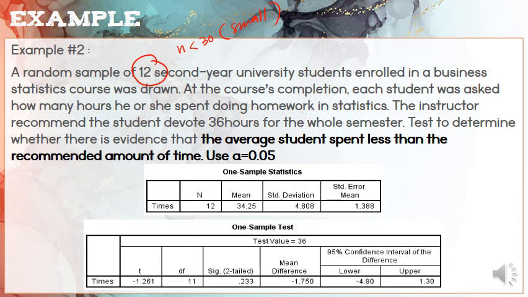So the instructor recommended the student devote 36 hours for the whole semester. Test to determine whether there is evidence that the average student spend less than the recommended amount of time.